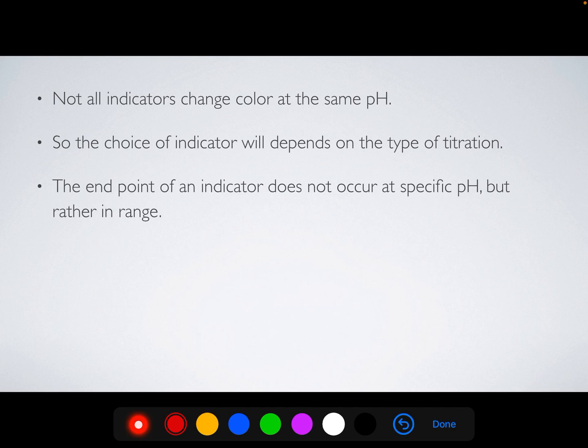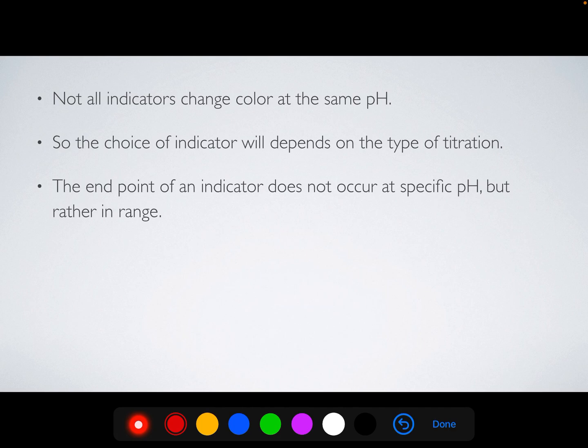Okay, so the end point of an indicator does not occur at specific pH but rather in range. So kita punya indikator ni boleh berubah warna bukan pada satu pH yang tetap. Okay, dia bukan pada spesifik pH, tapi endpoint ni boleh berlaku pada range of pH. So dia boleh berubah warna tu dalam satu julat pH yang tertentu.